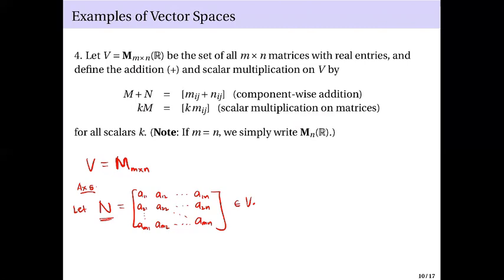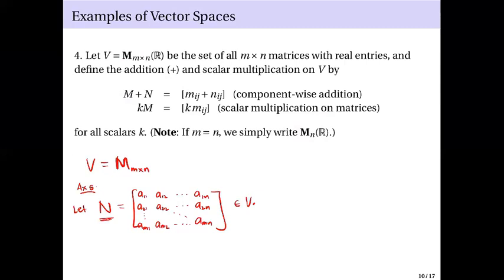So we have to think of another object that will be the candidate for the negative of n.